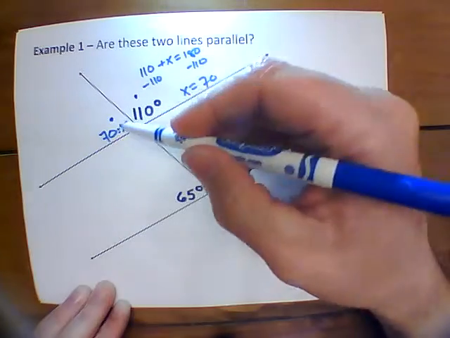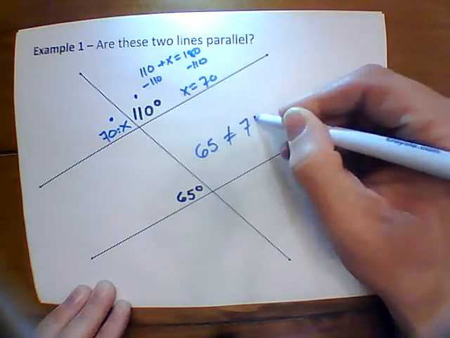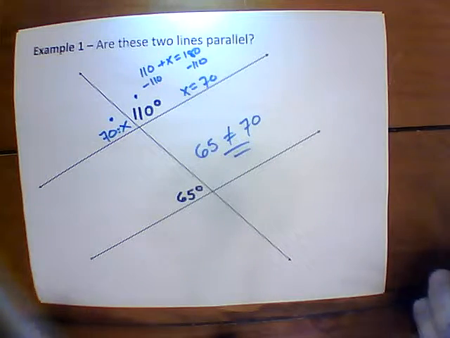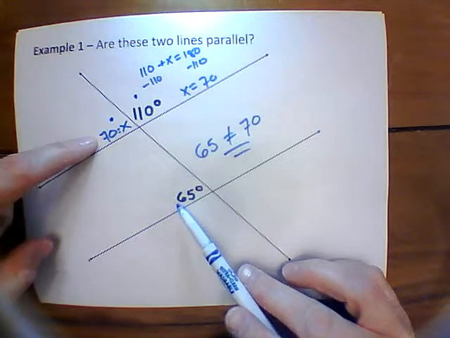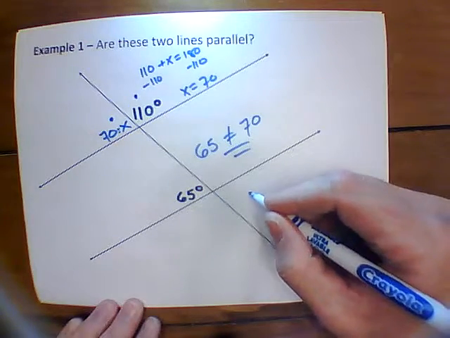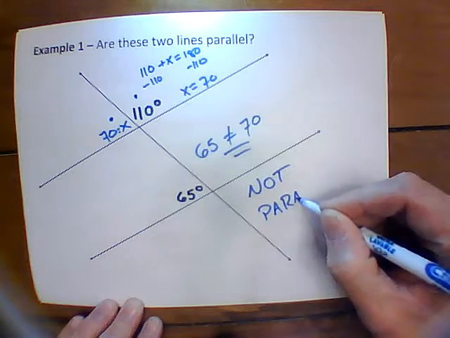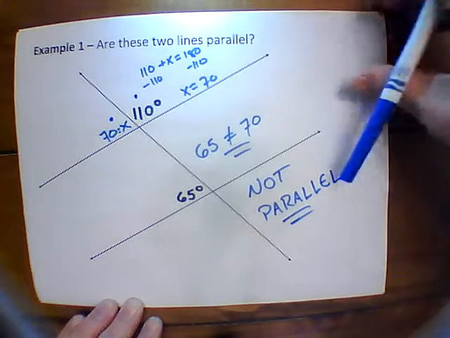Okay? Now, are 70 and 65 equal? Nope. So since 70 and 65 are not equal, I cannot apply the converse of the corresponding angle theorem. These 70 and 65 are corresponding angles. They're not equal, so I can't apply the converse, which means these lines are not parallel.